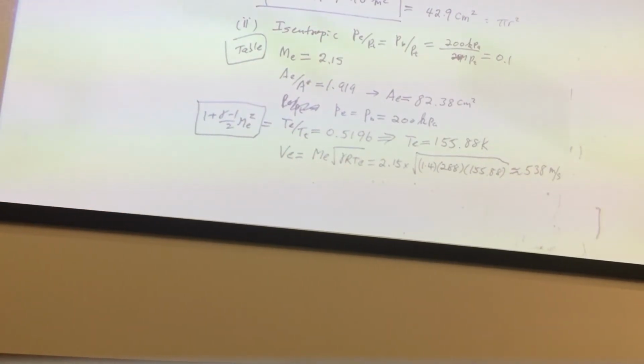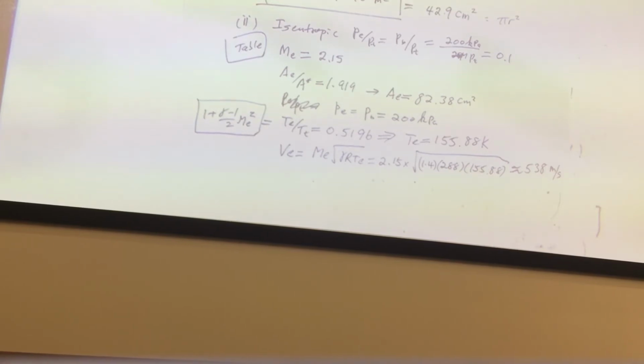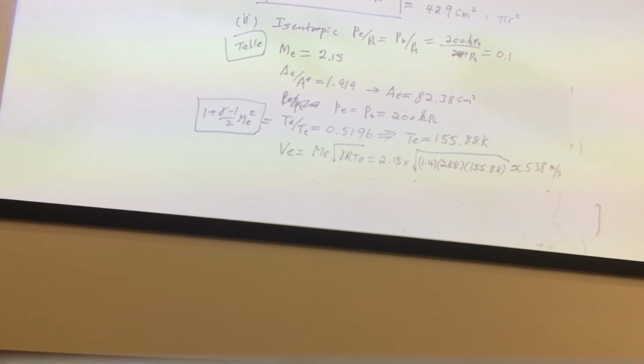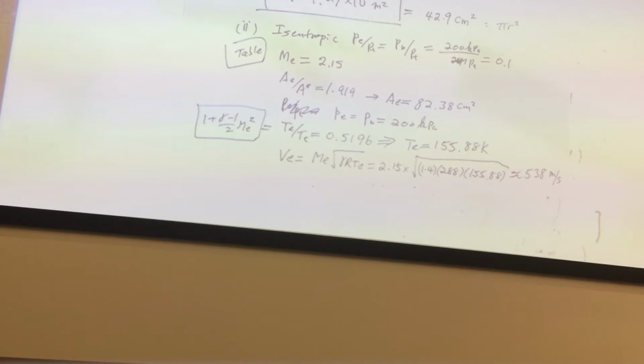Okay, a few comments here. The reason you use 288 is because your gas constant is the universal gas constant, 8.314 kilojoule per kilomole per Kelvin, divided by the molecular weight. For air, the molecular weight is 28.8 kilograms per kilomole. Usually we say air has a molecular weight of 28.8, but that's grams per mole.